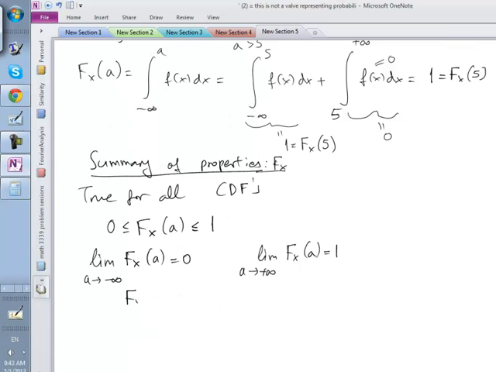And f of x is non-decreasing. So it always either goes up or stays flat, but it never goes down.